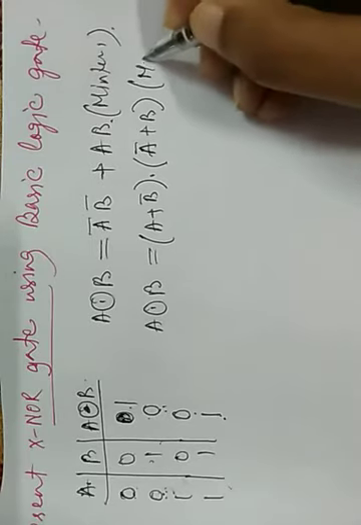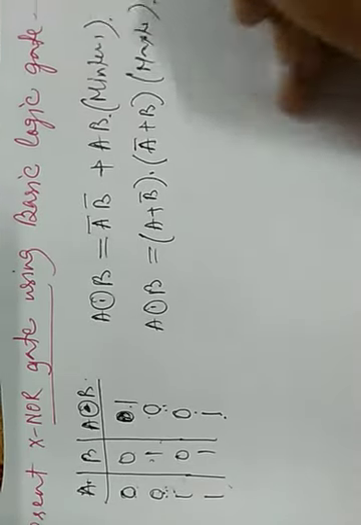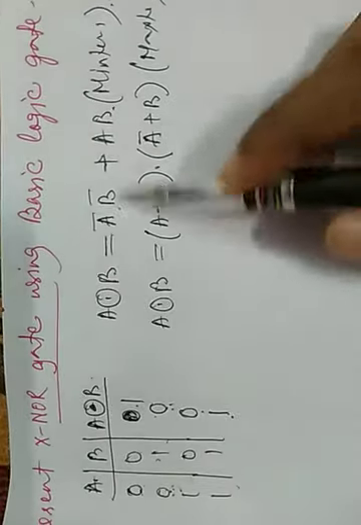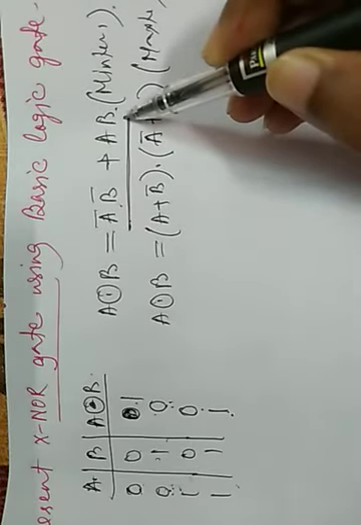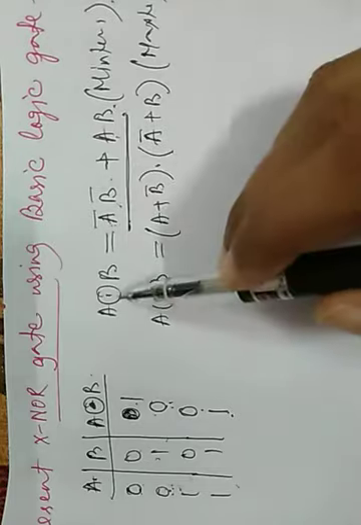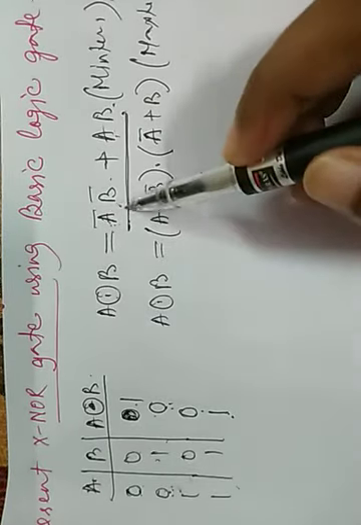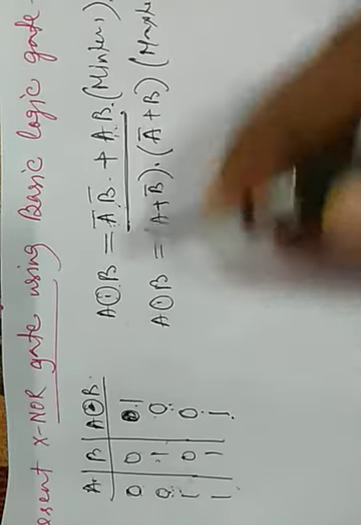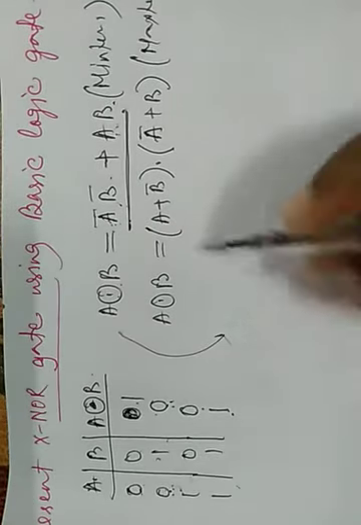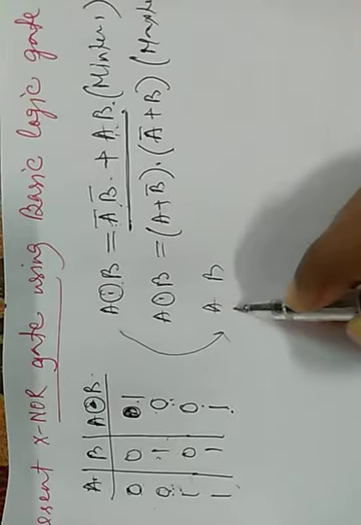This is the maxterm expression. Okay. These expressions are very important. We have to remember them. XNOR gate expression is A bar B bar plus AB, and XOR gate expression is A bar B plus AB bar. And we can create the logic gate of this.